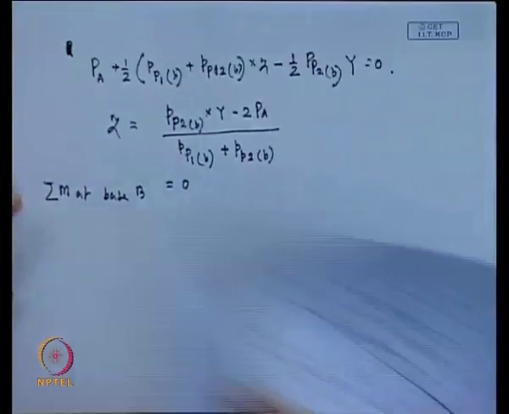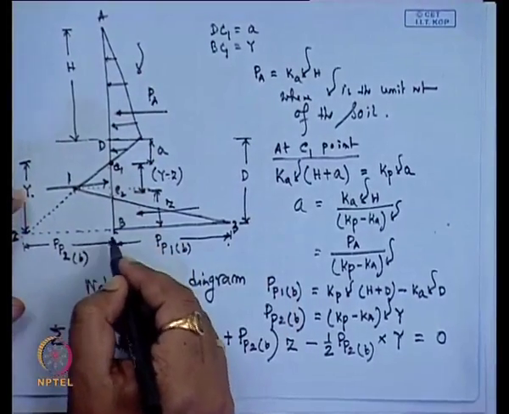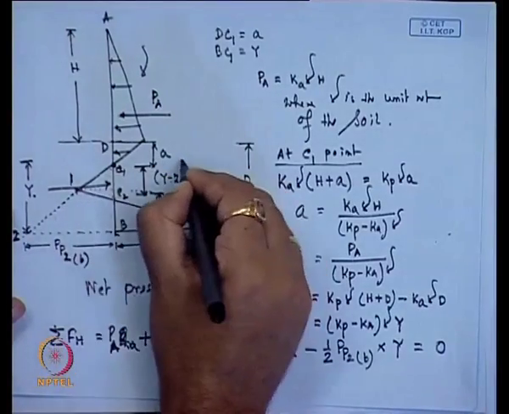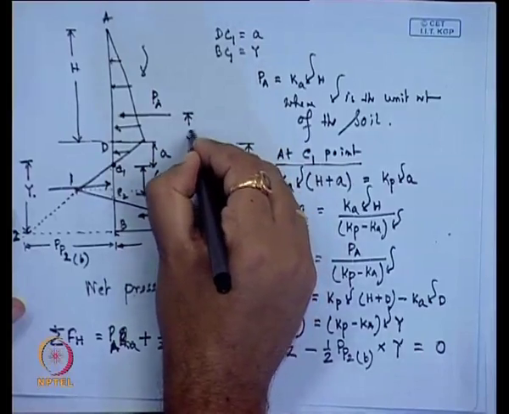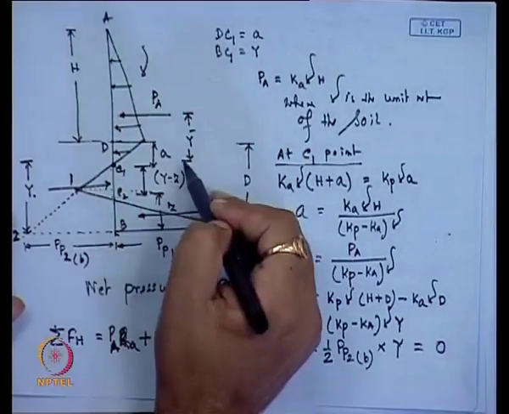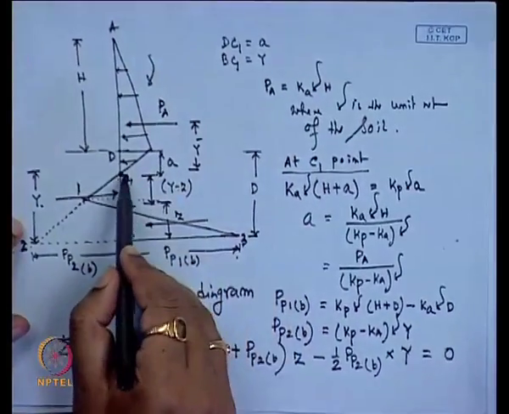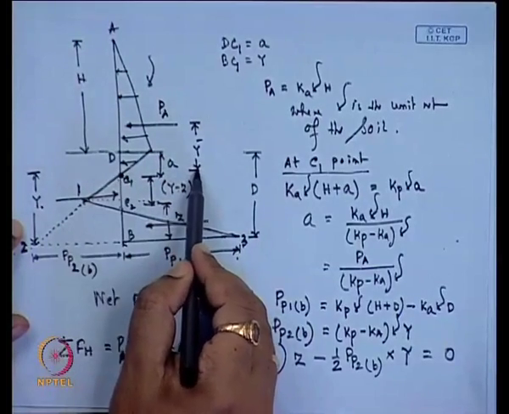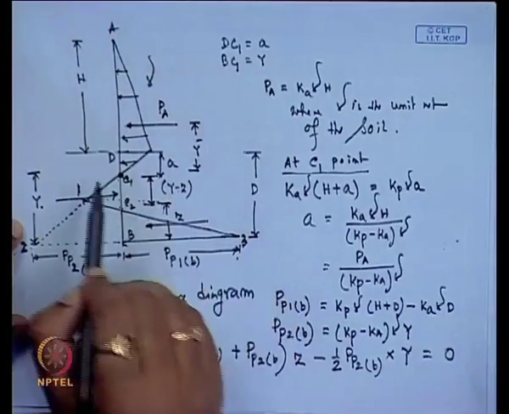Now, if I take the moment, we can say that from this point C 1, the distance of the force that is acting at the top portion is y bar. So, that distance is from C 1, where the net pressure is 0. From the C 1 point, this force P A is acting at a distance y bar.